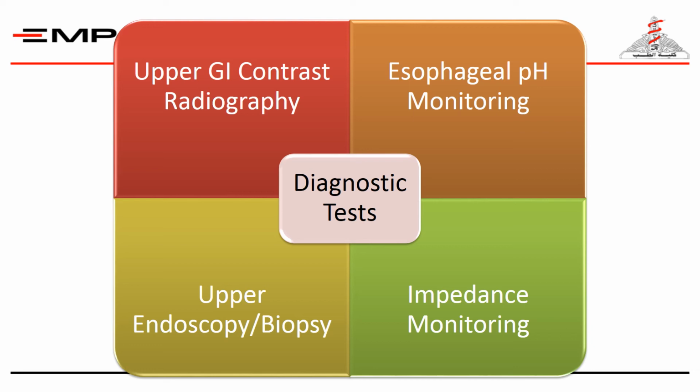Sometimes we need to do monitoring of the pH of the lower end of the esophagus over 24 hours. This is known as esophageal pH metry, in order to identify the degree of reflux, the degree of the acidity of the lower end of the esophagus. And again, you'll be seeing some of these reports in the demonstration session.